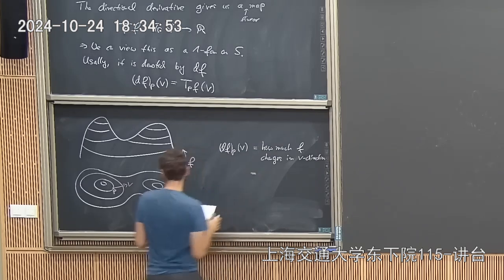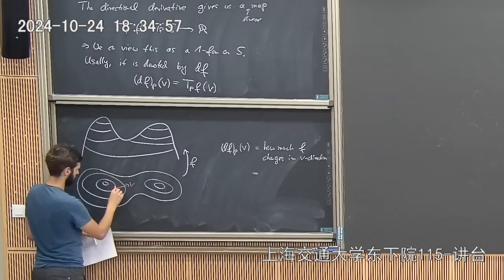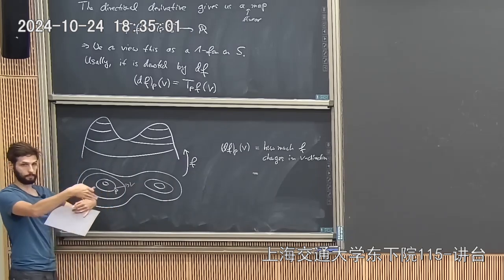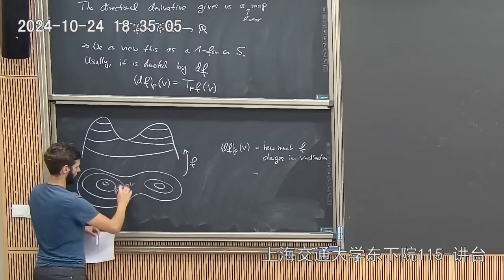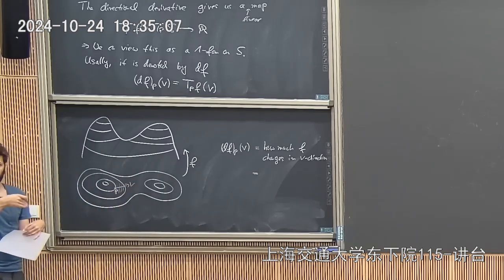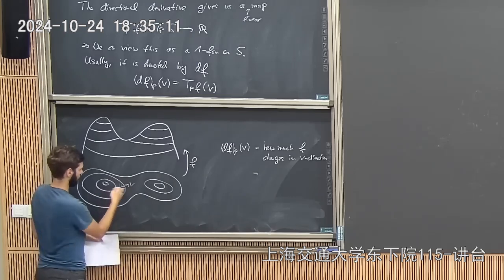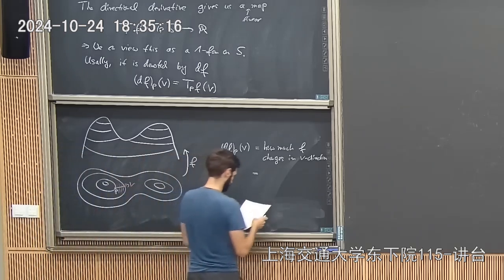Or if you think of that in this picture, in the first approximation you can think of the level set, or the contours, as a family of planes. And then that's the number of intersections with the contour plane.